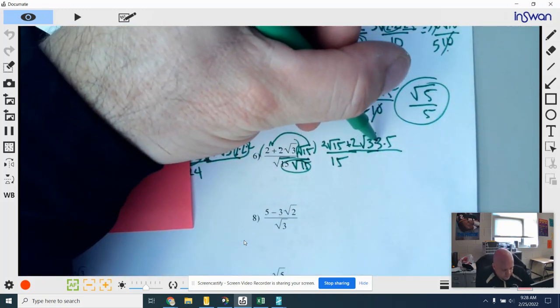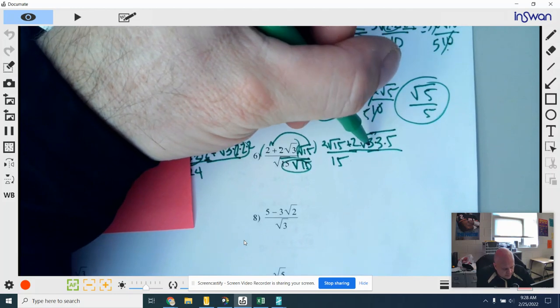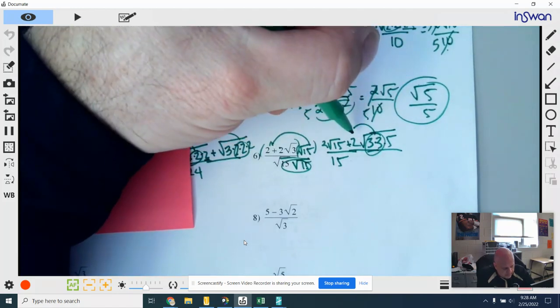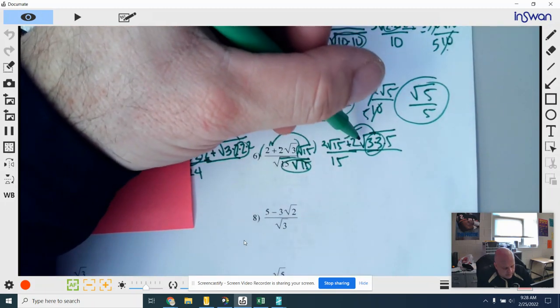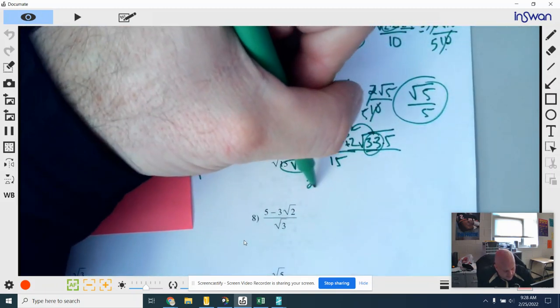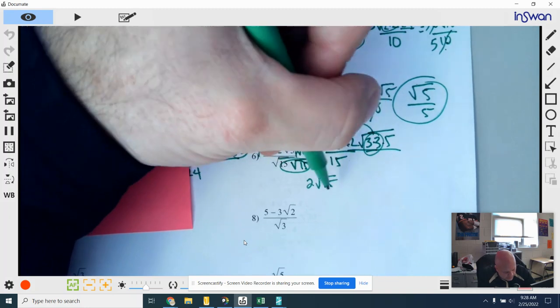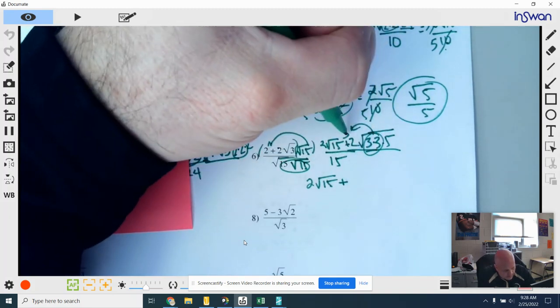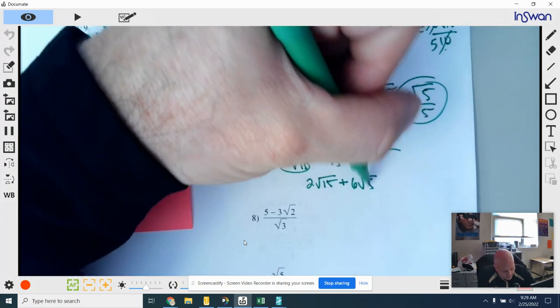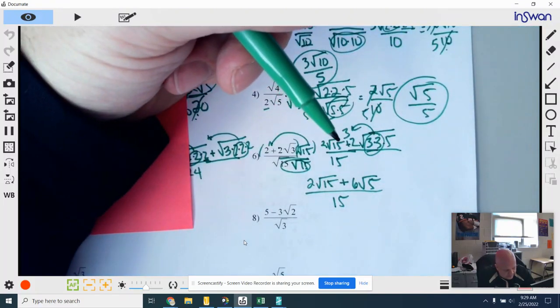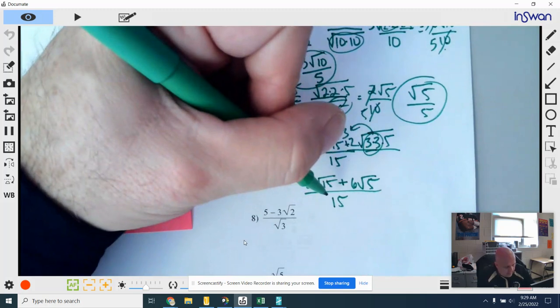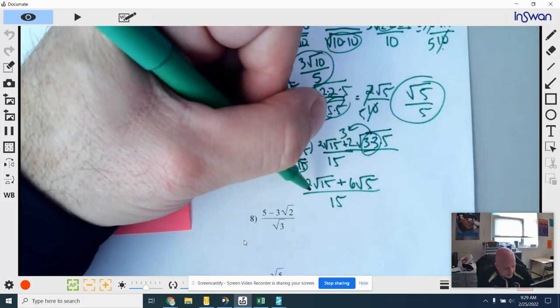Now with this 3, that pairs up. Out comes one of them. So 3 times 2 is going to give us 6. So I have 2 root 15, because root 15 is not going to break down anymore, plus 6 root 5, over 15.